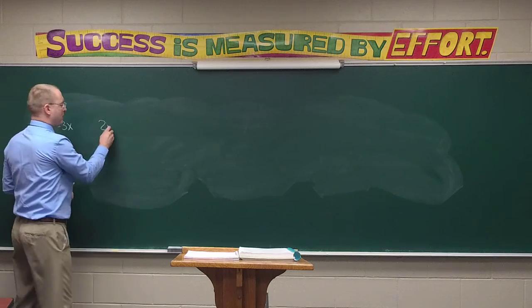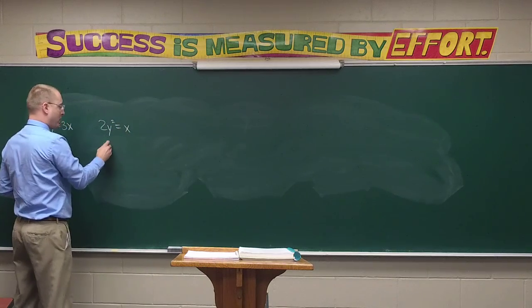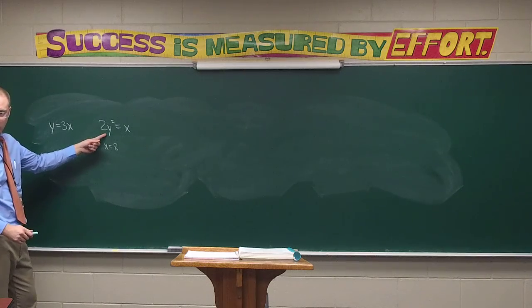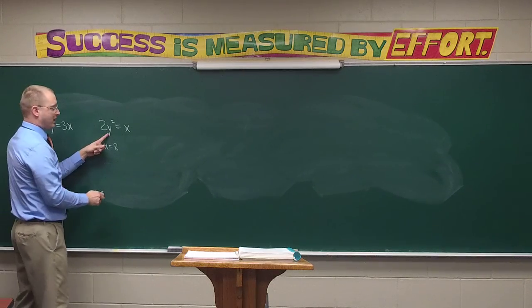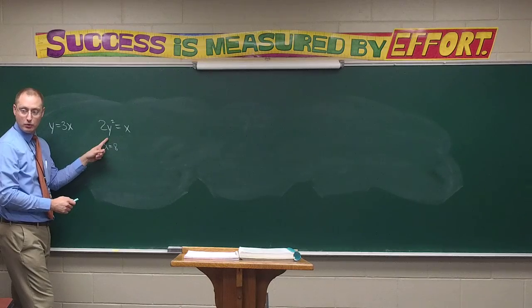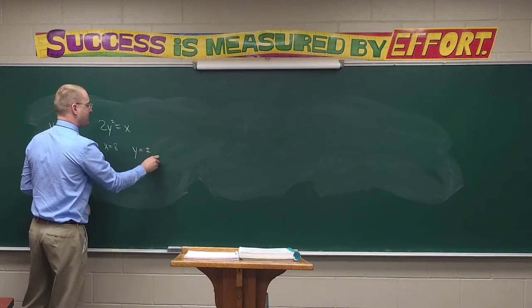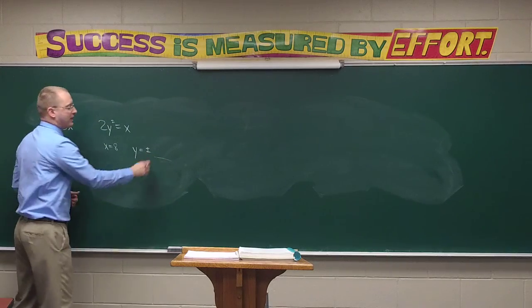But we had, remember, 2y squared equals x, and we said, well, what if x is 8? Well, the problem is the y squared, right? Because a y squared means at some point I'm going to have to take a square root, and when I take a square root, I'm going to get y equals positive, negative something. It happens to be positive, negative 2.